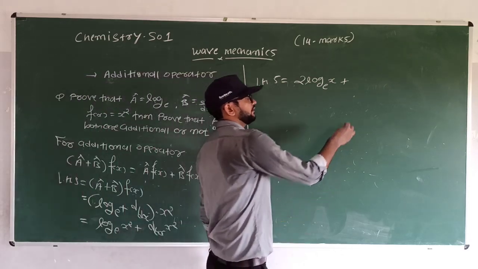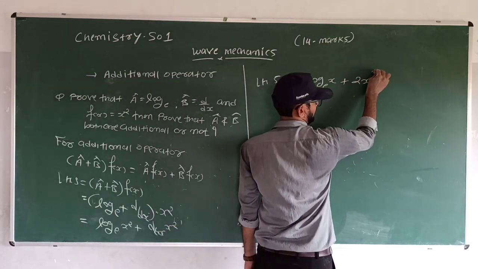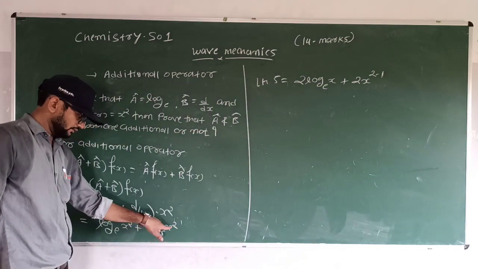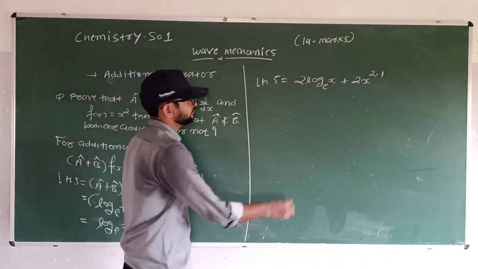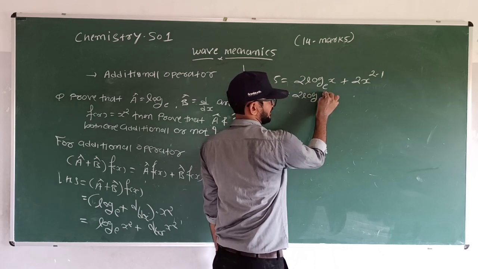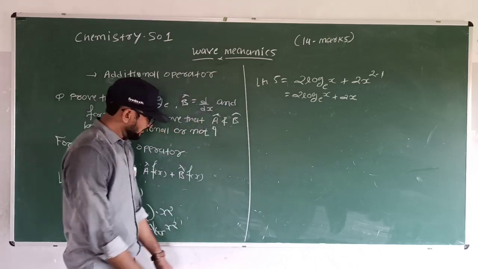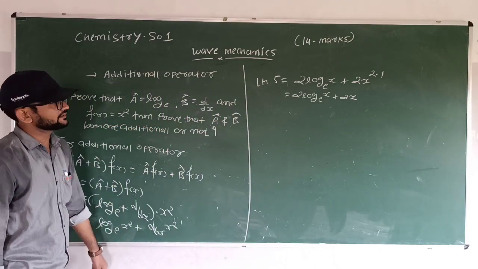It means 2 x to the power 2 minus 1, which is equal to 2 log base e x plus 2x. So the value of LHS is equal to 2 log base e x plus 2x.